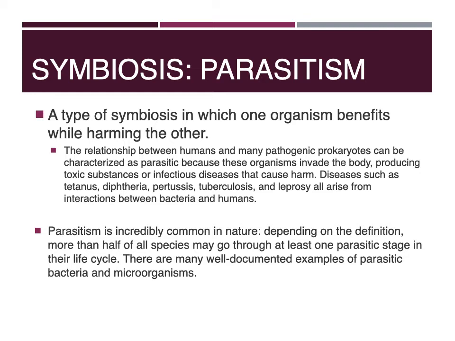As college students, you've probably had roommates or you've had siblings and you've had to share with your siblings. If we think about those relationships we have with people, they can also fall into these different symbiotic relationships, and they make a nice analogy for you to really understand these different types of relationships.